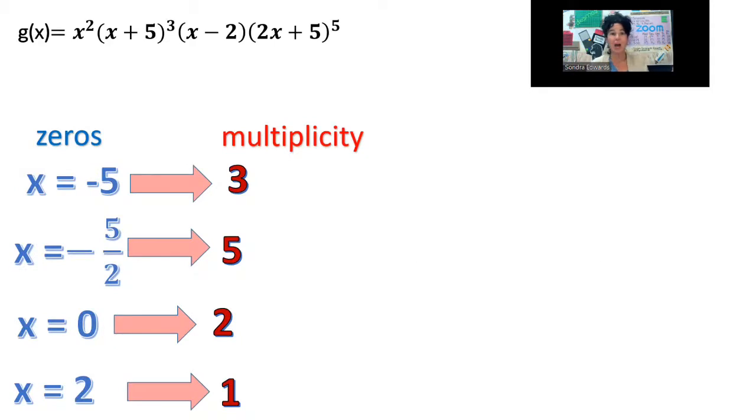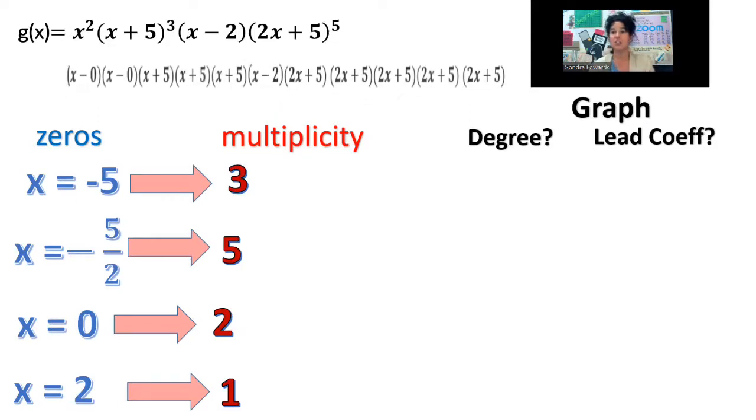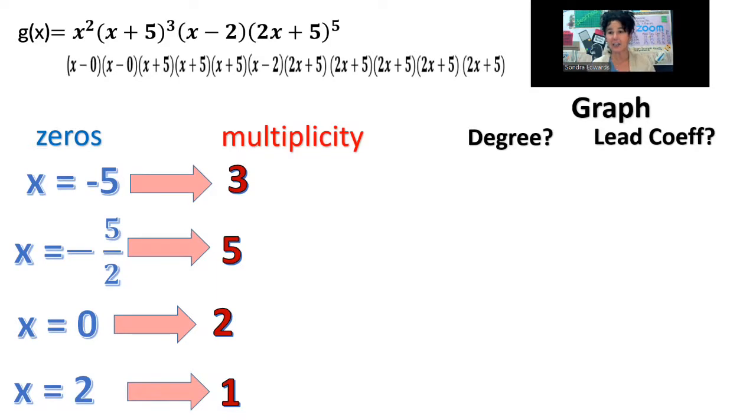All right, so I brought over the zeros and their multiplicity, and we want to make a sketch of this graph. But we have one more thing before we can do that. We need to determine the degree of this polynomial g of x and the leading coefficient. Of course, we are not going to multiply all of this together to determine the degree and leading coefficient.